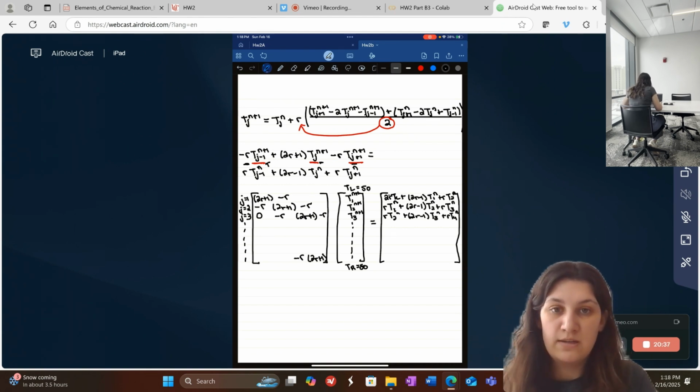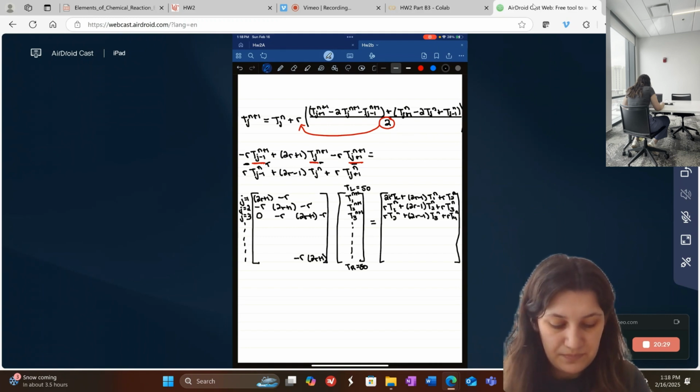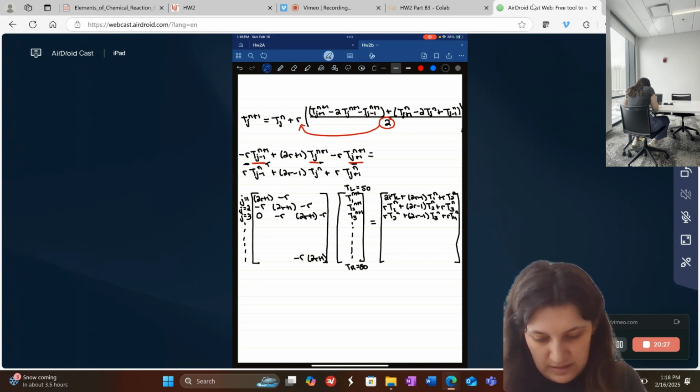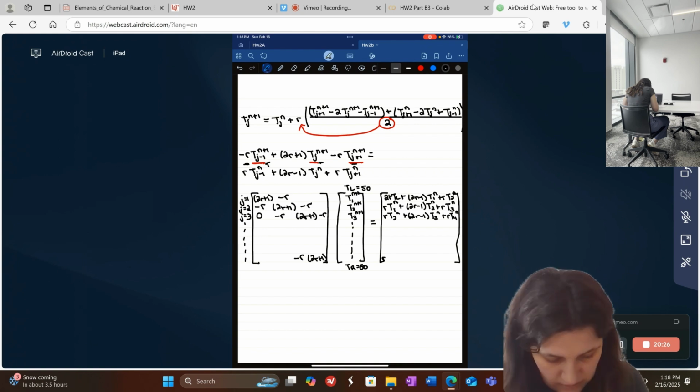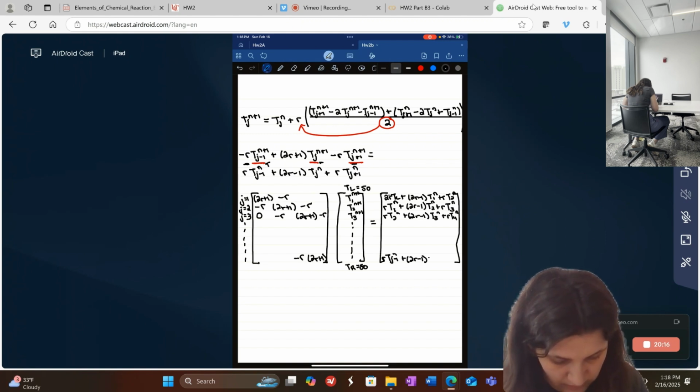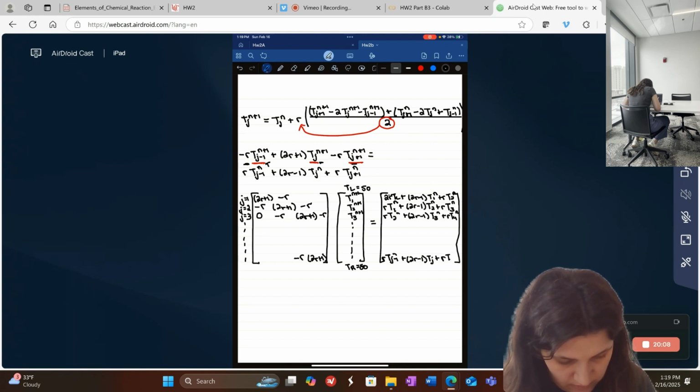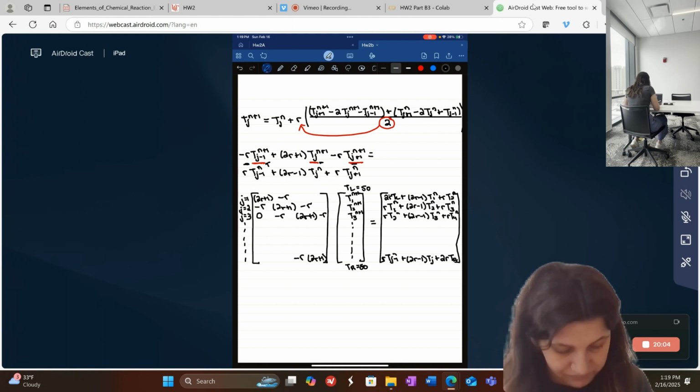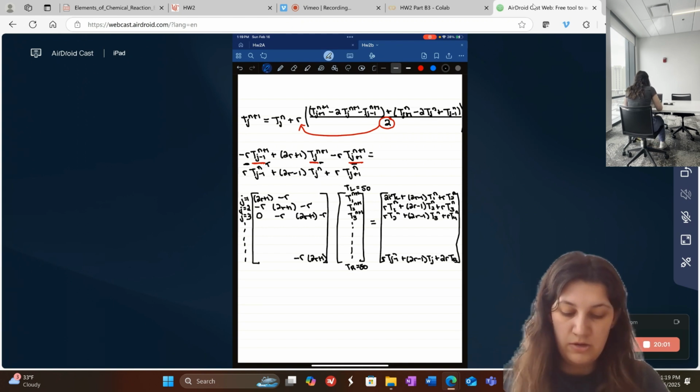And if you look to your right, just like for the first position, we have a known there. We have our Tr. So what you end up for this one is you have your r times Tj minus 1 plus your (2r minus 1) Tj plus 2r times Tr. And there you have your matrix.